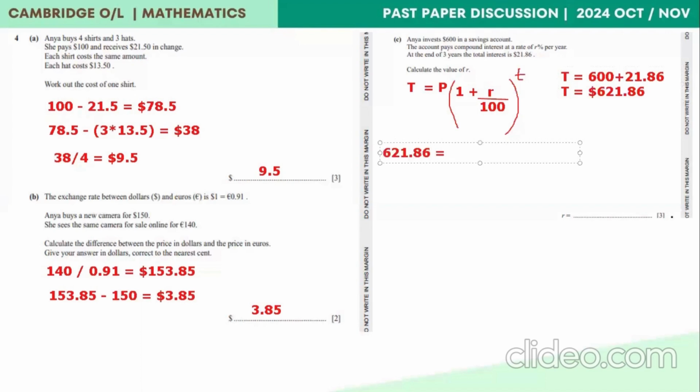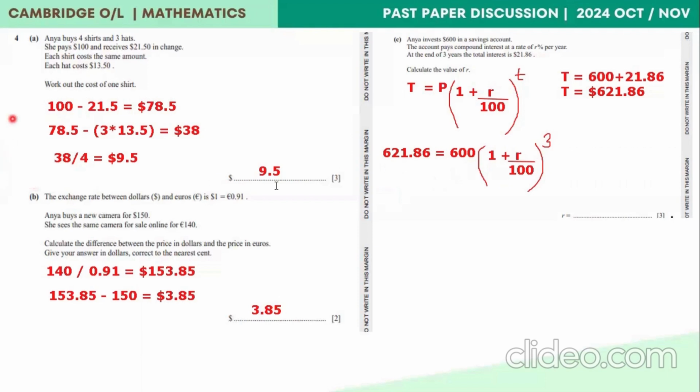Now if we put that in the equation, 621.86 is equal to our price 600, and inside we'll have the 1 plus R over 100 as it is. So the time is going to be 3 years. So now we can take this 600 as division to the left.